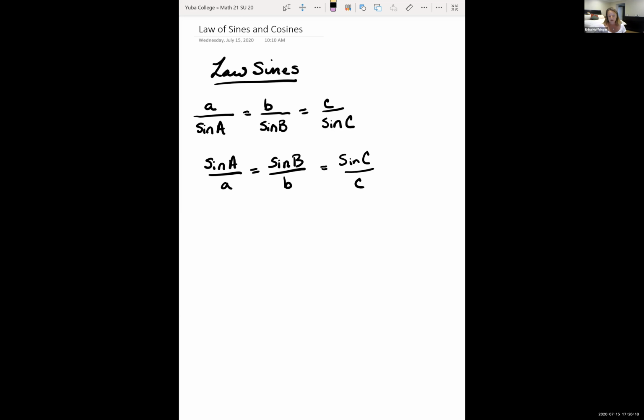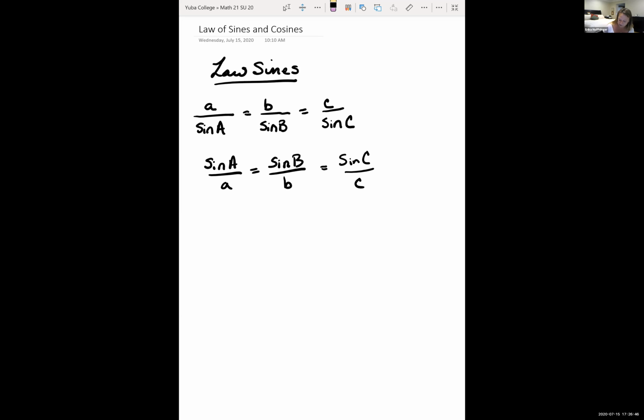Okay, so when do we use the law of sines? We can use the law of sines if we know an angle and a side directly across from that angle. Sometimes you don't know an angle and a side right across, but you might know two angles in a triangle, and you can find the third angle by knowing that the sum of the angles in a triangle is 180 degrees.